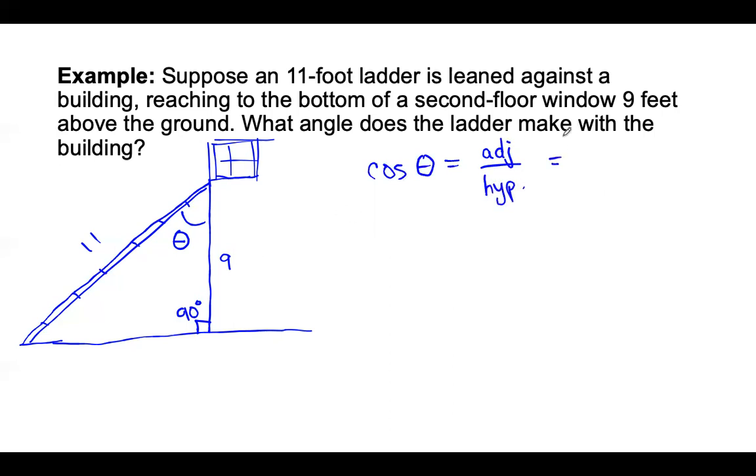So adjacent is 9 divided by 11. SOHCAHTOA up here: adjacent is A divided by H. This means our cos. So we have to solve for this.